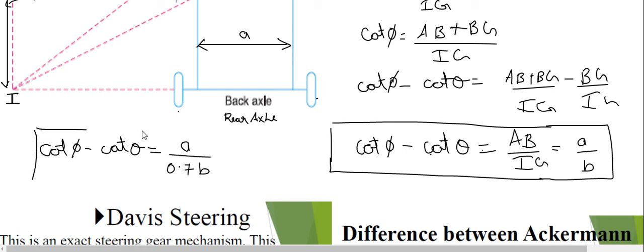This is the general engineering condition that we take to accommodate some tolerances.